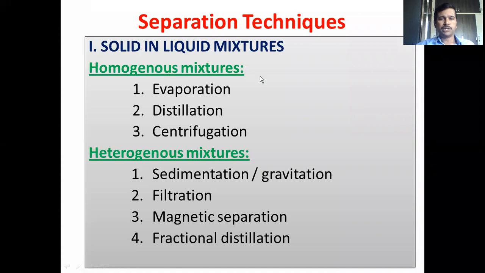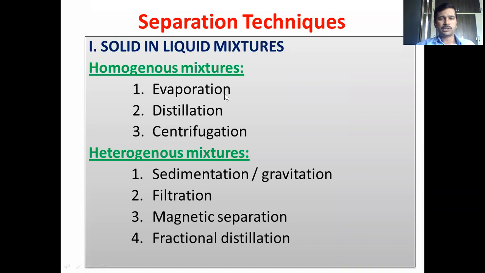If it is homogeneous in nature, these three are the separation techniques we will employ. They are evaporation, distillation, and centrifugation process. Evaporation process, it is very simple. What you do, you will take the sample, and you will dissolve it in a suitable solvent.